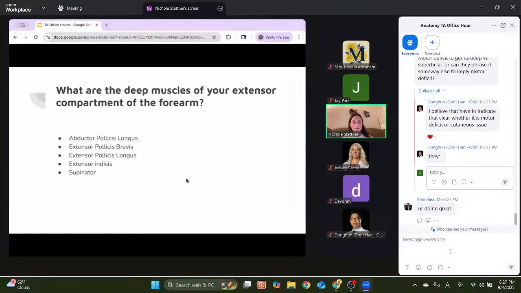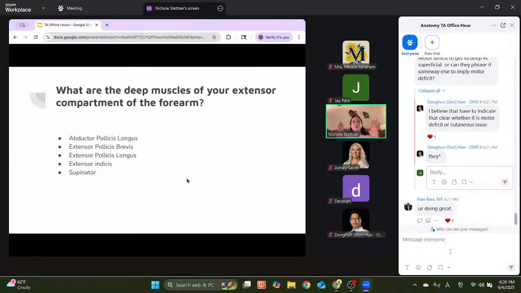Okay, great. So now we're going to do the deep muscles of the extensor compartment of the forearm. Here they are. You have to memorize them, draw it out, do whatever you need to do. I like doing things by abbreviations because that's how I was initially introduced to things. A lot of times they'll have very similar originations.